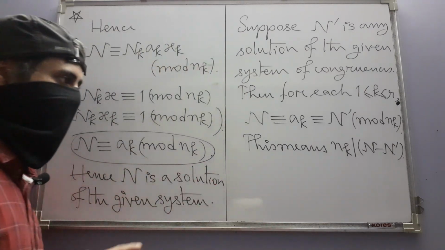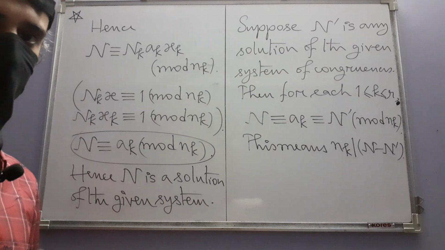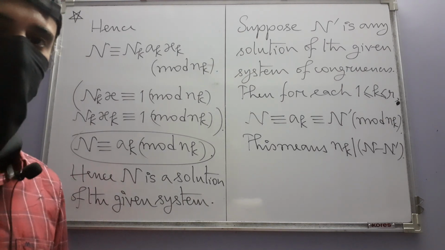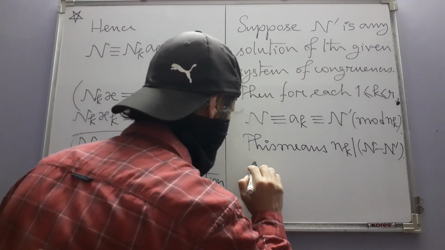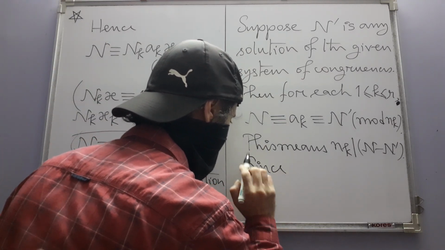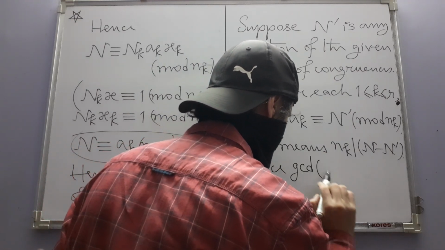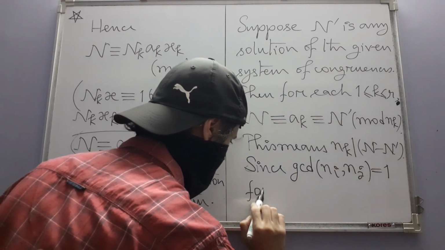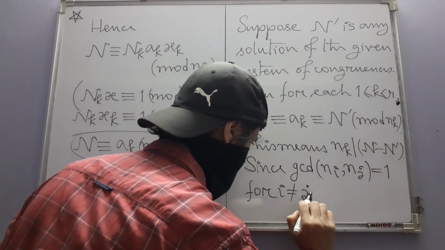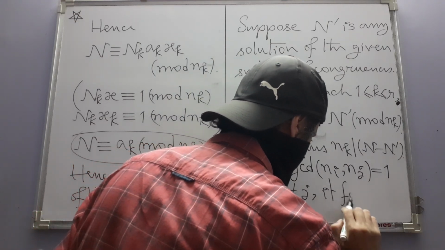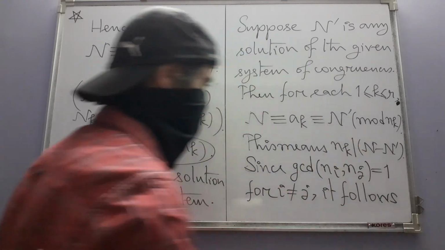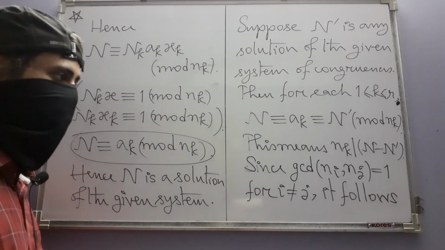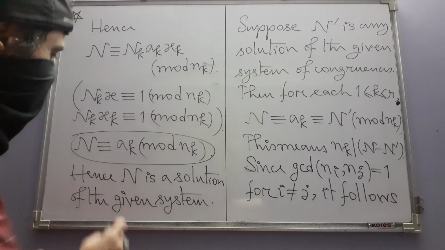Now combine this with the fact that the n_k are pairwise relatively prime and use a previous result. Which result? Corollary 2 to theorem 2.4. Since the n's are pairwise relatively prime, it follows from that result that their product will also divide n minus n'.